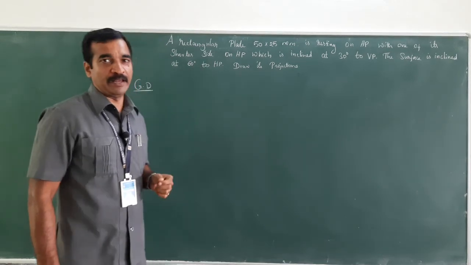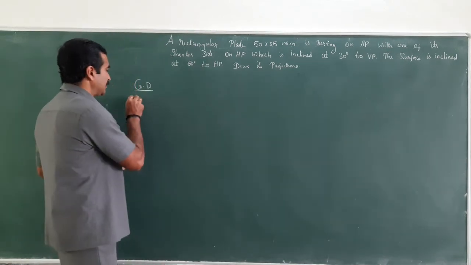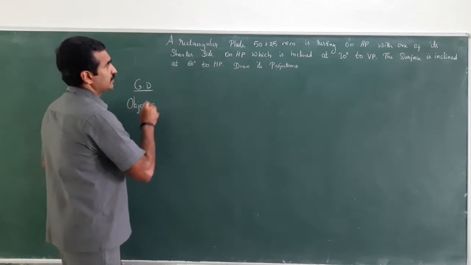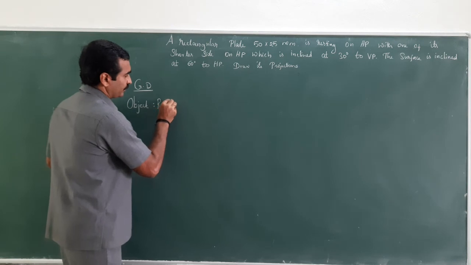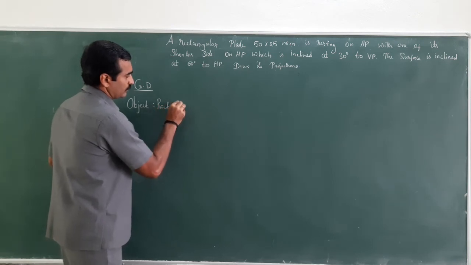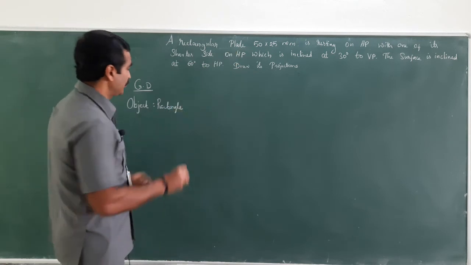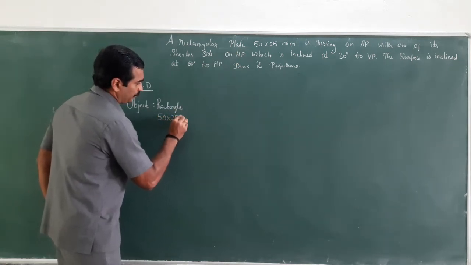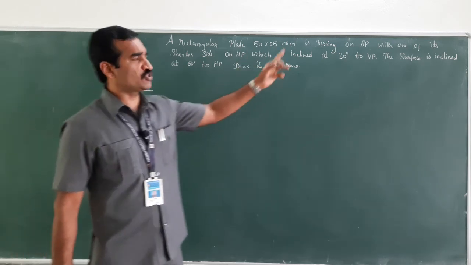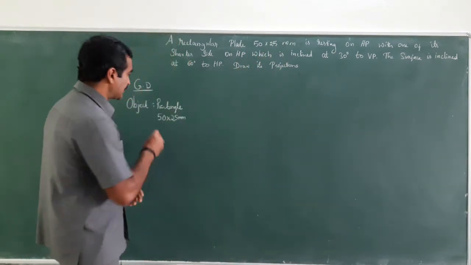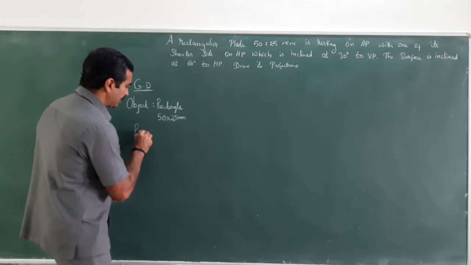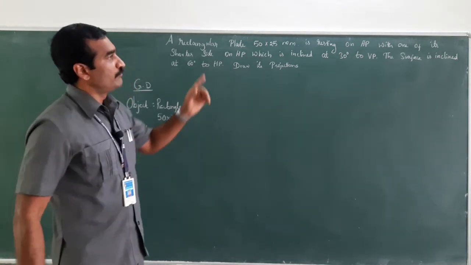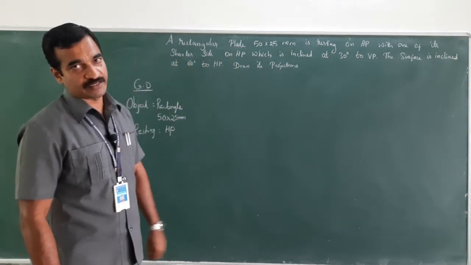It's a rectangular plate of dimension 50 by 25 mm, and it is resting on HP. Where is it resting? It's resting on HP with one of its shorter sides.